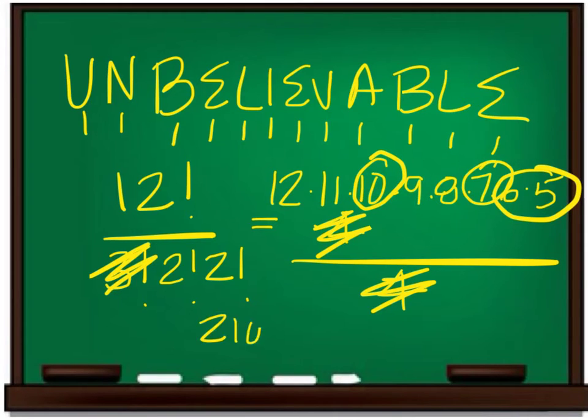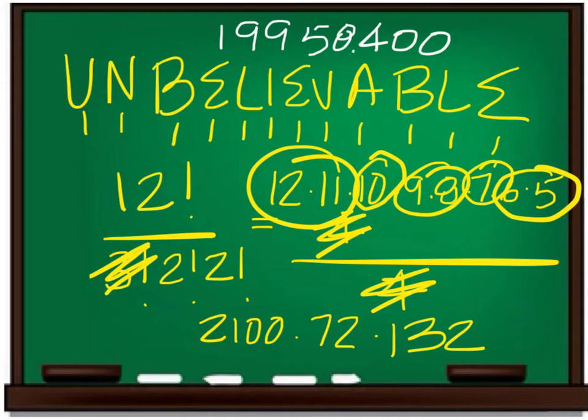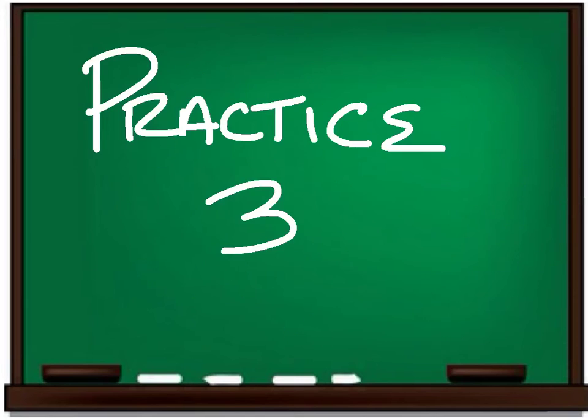So we're going to have 2100 multiplied against 72. And then, what's that, 132? Alright, so 132 times 72 times 2100 is a very large number. 19,958,400.